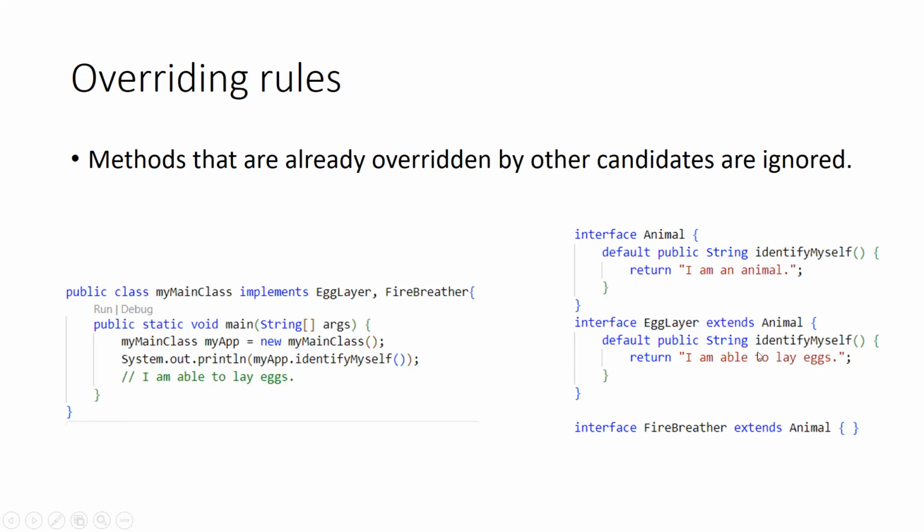So the implementation that will be exposed to this main class will be the one that exists in either egg layer or fire breather. If the implementation exists in both of these interfaces, then the compiler will throw an error. So the implementation should be available only in one of your base interfaces.